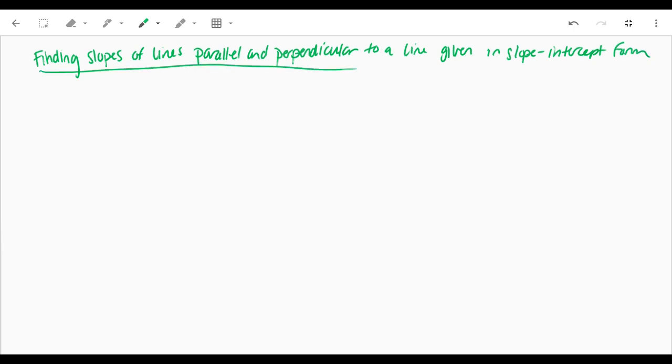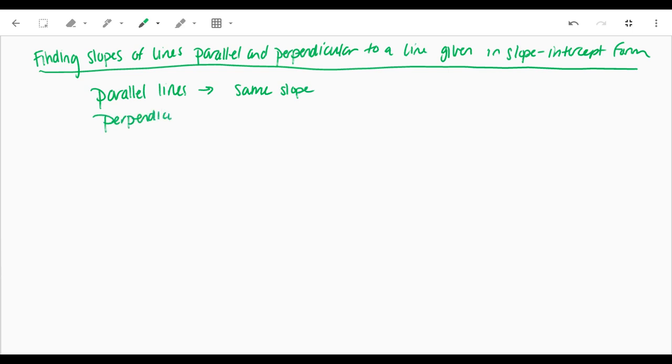Okay, so that's going to be nice because if it's in slope-intercept form, we see the slope. Parallel lines have the same slope. Perpendicular lines, slopes are opposite reciprocals.